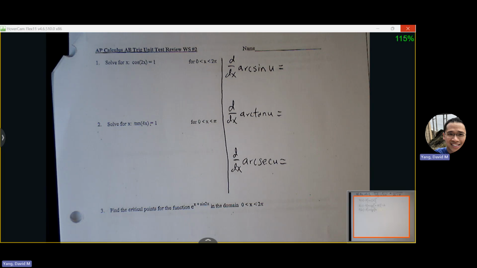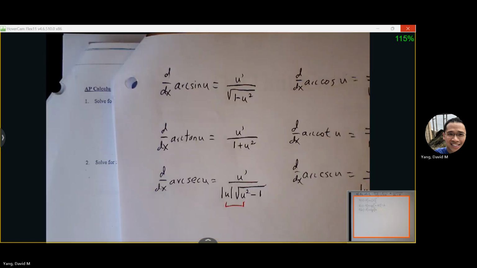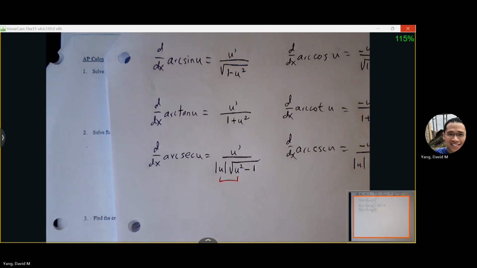So number 4 should feel like a little bit of review from your trig derivative quiz. Arcsine, arctangent, arcsecant, check your derivative rules. See how you did.